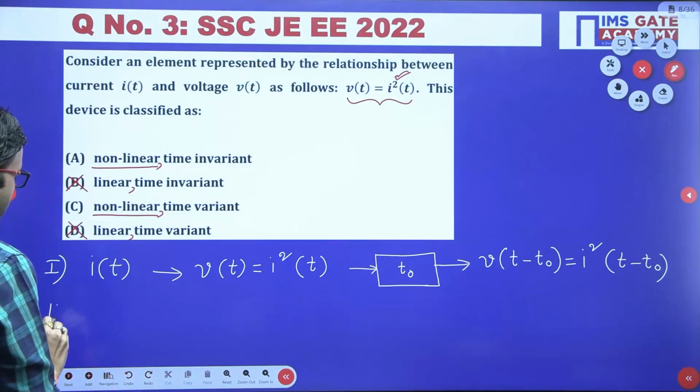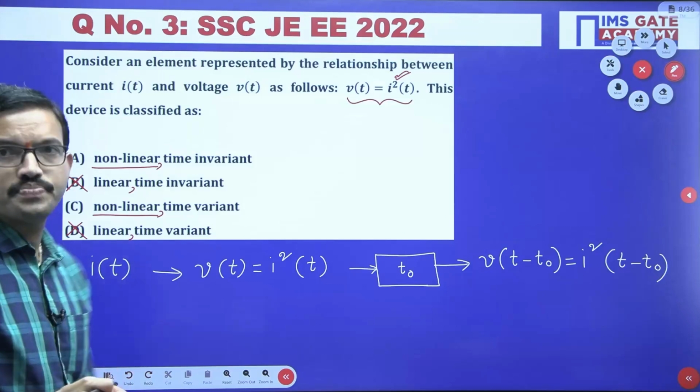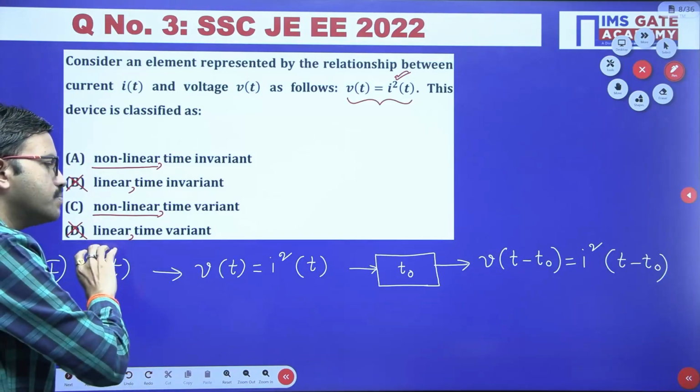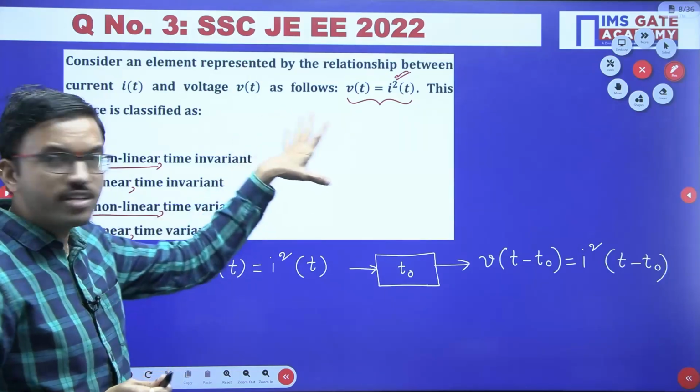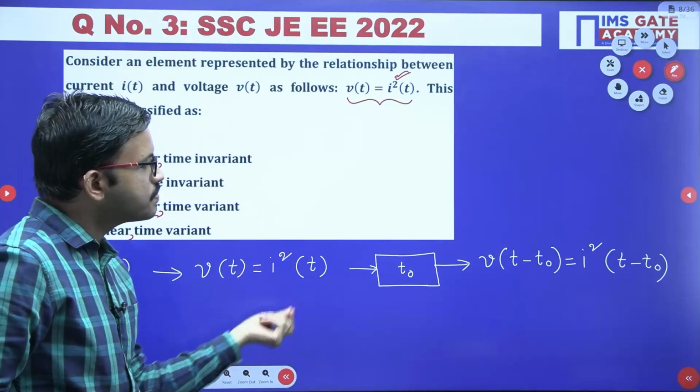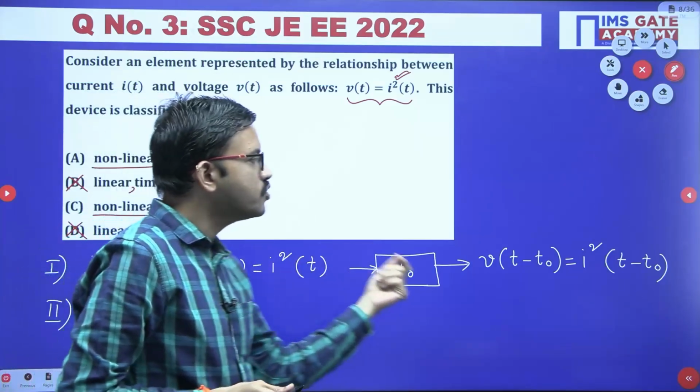Now similarly, let us consider one more case, case 2. Just observe: in the first case, I gave the input to that network, then found the response, and in that response I took the delayed version.